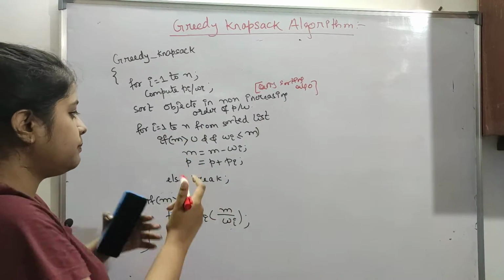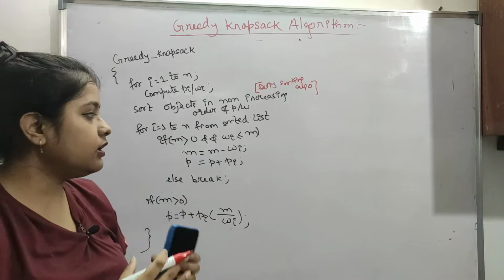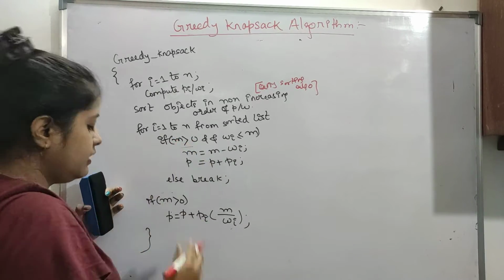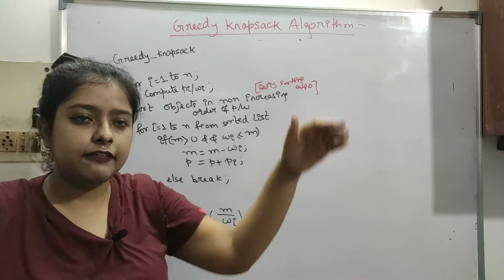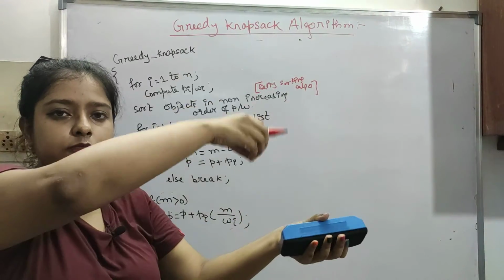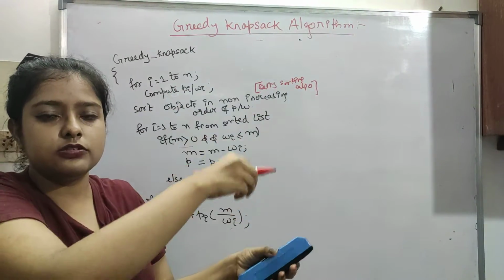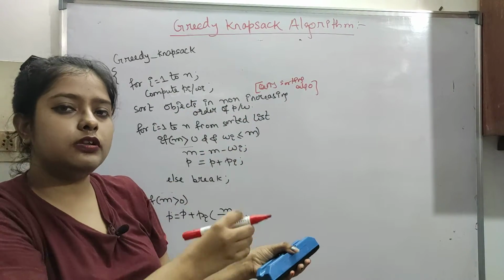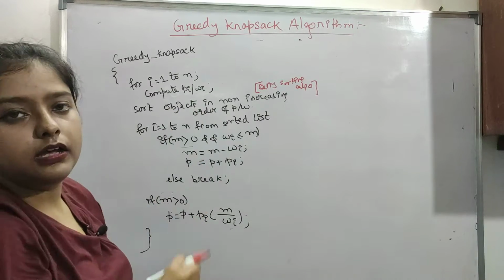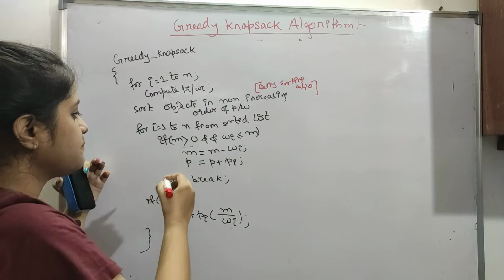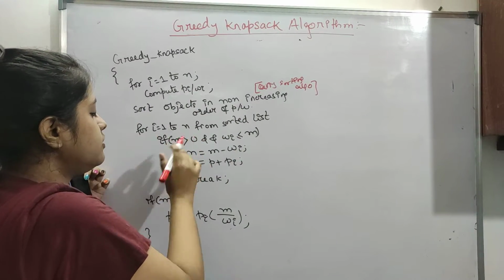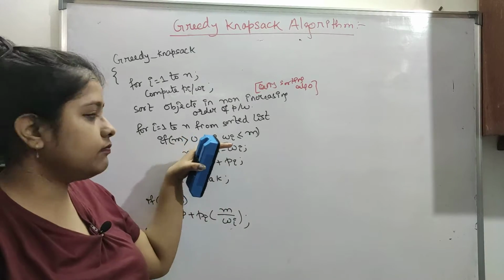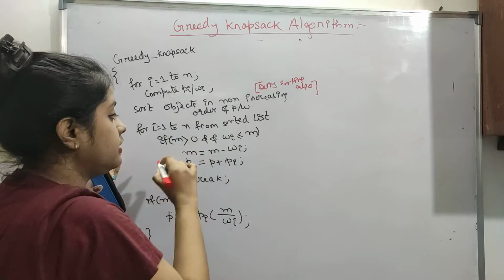If you remember, the capacity left should always be greater than 0, because we are putting some weights inside our sack, so the capacity has to be more than 0, and only in that case can we put more items into our sack. Okay, so the weight has to be greater than 0 and, it's an AND, so we have to check both conditions.